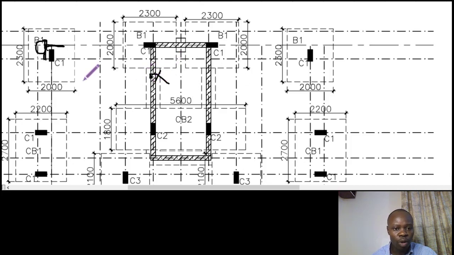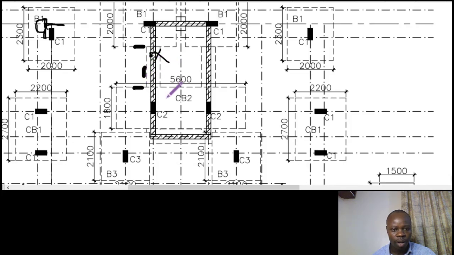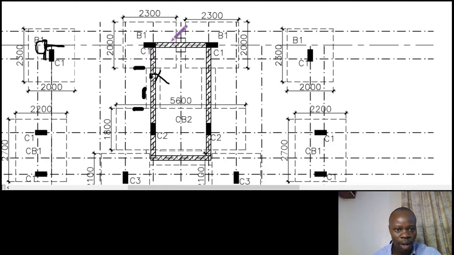Normally when you're doing the excavation, you can see the layout where the excavation is supposed to reach. That dotted line shows where the excavation for the bases is supposed to reach. So for the bases and also for the footing, you can see where it is.